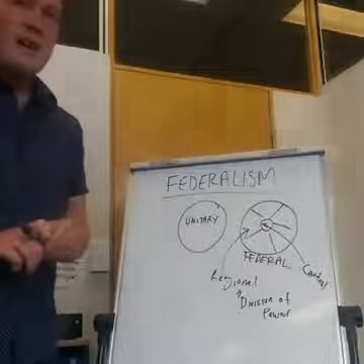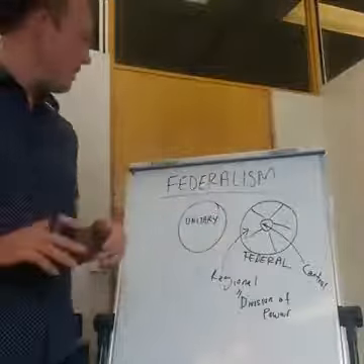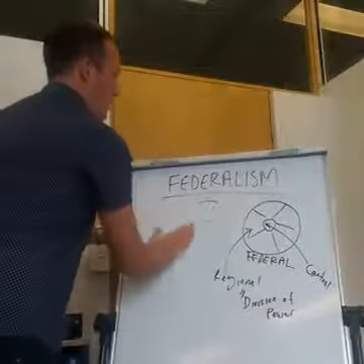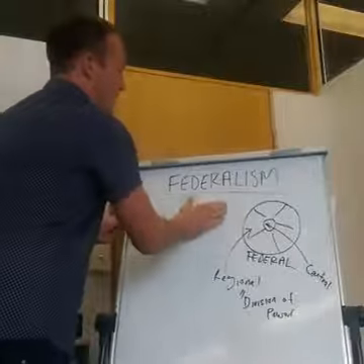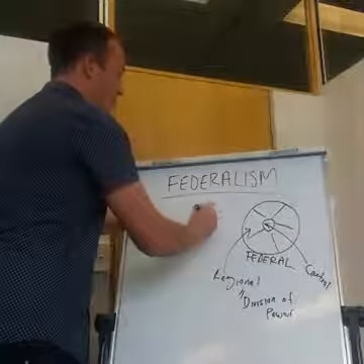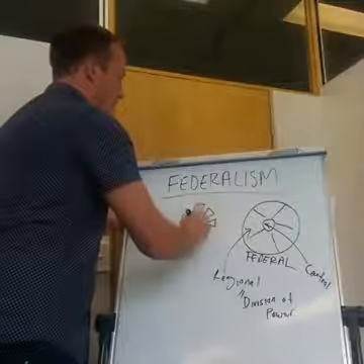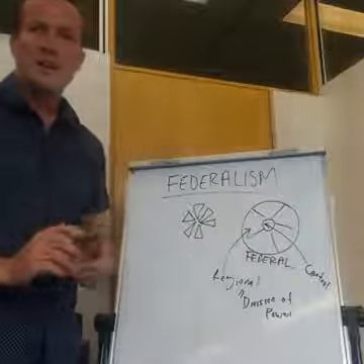So pre-1900, in Australia, we're basically separated into colonies. And the colonies had their own governments, their own constitutions, but were basically separated under British rule.